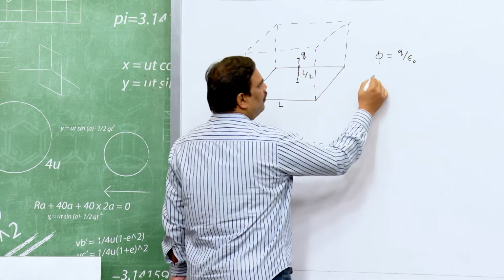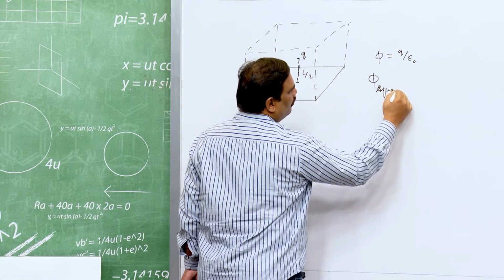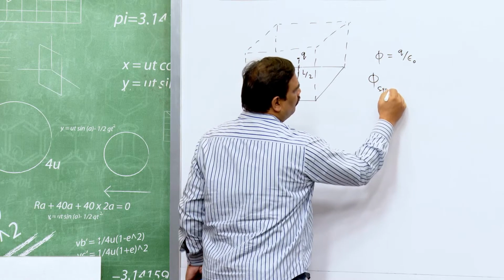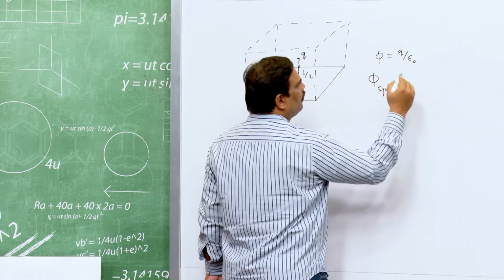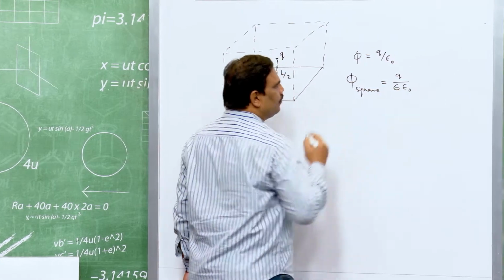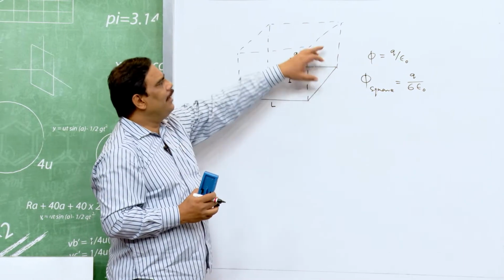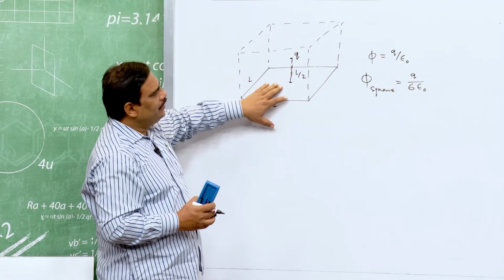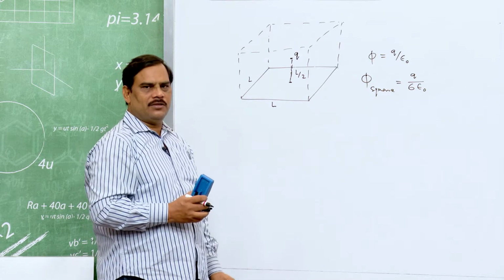Therefore, the flux through the square will be how much? It is q divided by 6 epsilon 0, because through the 6 sides the entire flux is going out. So, through one side the flux going out will be q divided by 6 epsilon 0.